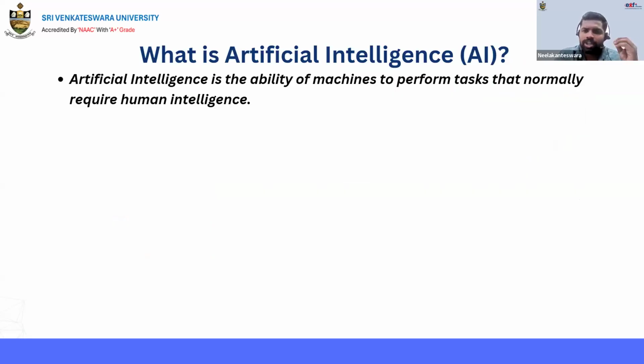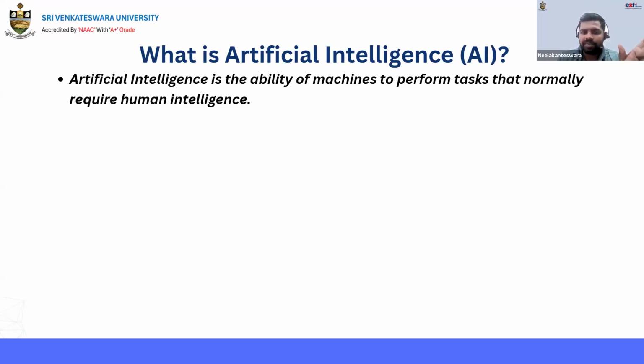A human can think, learn, recognize patterns, analyze things, and reason. AI is mimicking some of these specific tasks that humans can do.